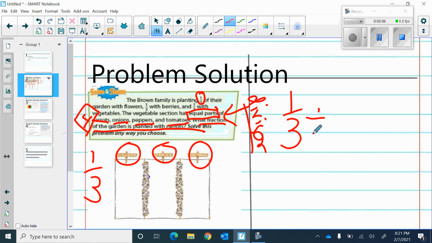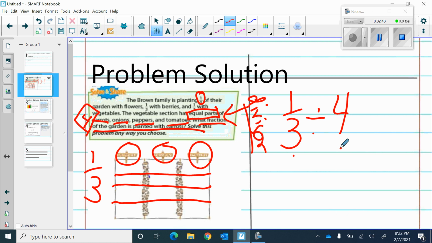And we're breaking apart our garden into 4 equal parts of carrots, onions, peppers, and tomatoes. I know that appears that those lines are a little wobbly and not necessarily all equal, but I assure you I meant for them to be equal parts. So we have our dividend as 1/3. We have our divisor that we're going to break 1/3 into 4 equal parts. And now we're going to solve the problem.